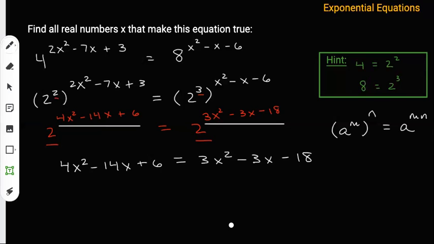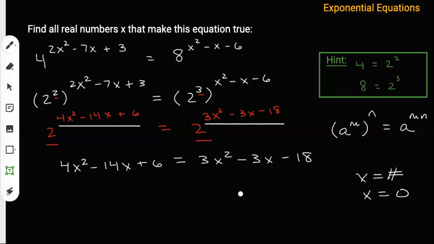I want to get all the terms on one side now because I want to put the x squareds with the x squareds, the x terms with the x terms, and the regular numbers together. What I basically want to do is get everything to the left side. So I have whatever is equal to whatever number shows up on the right side. And since there's nothing on the right side, it's going to be 0.